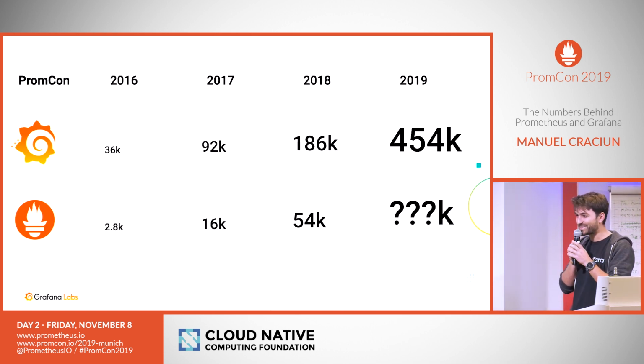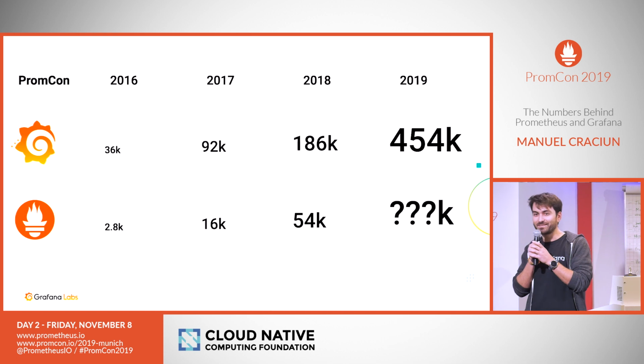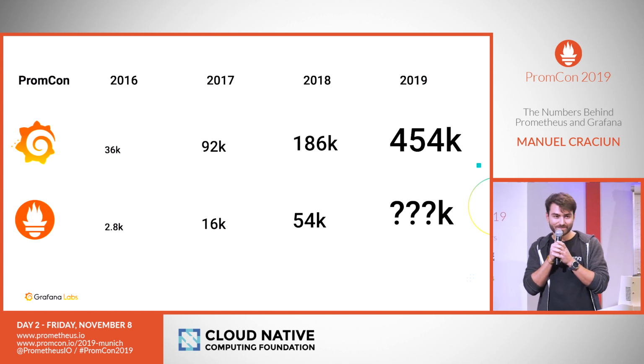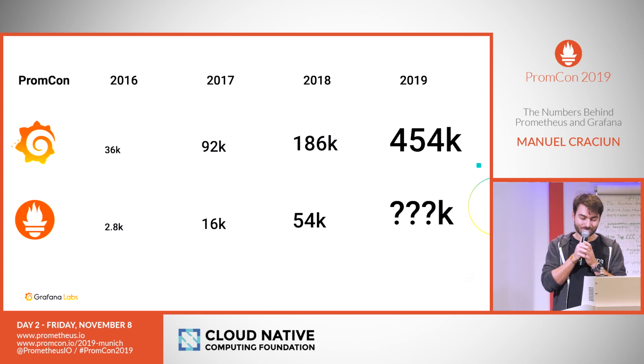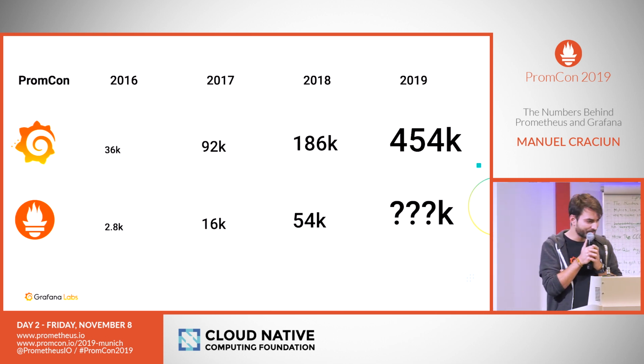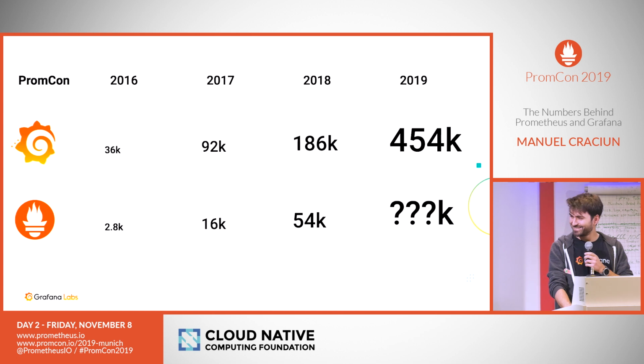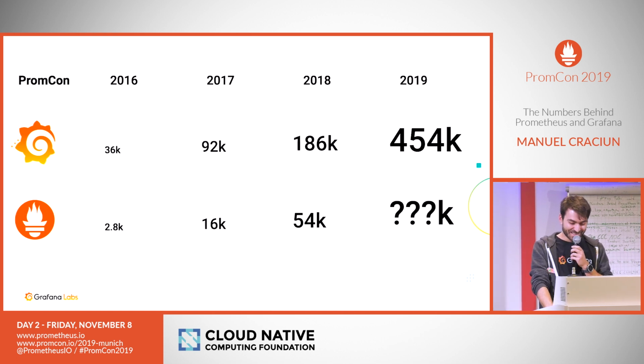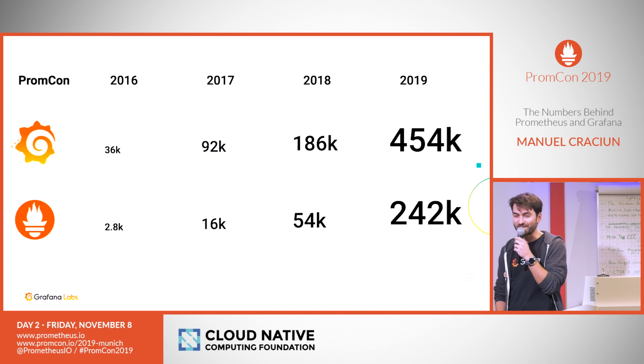I'm not going to ask Tom, I'm going to ask you. Who said we get 200,000? Okay. All right, I actually forgot the numbers here. 250. Okay, well, 244, 242 actually, quite close.